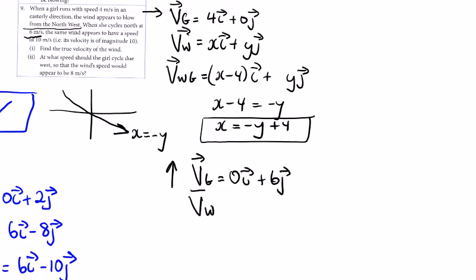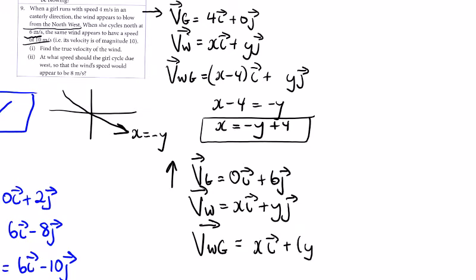The velocity of the wind, we're going to leave it at xi plus yj. The same wind appears to have a speed of 10. Okay, velocity and magnitude, right? So the velocity of the wind relative to the girl, x minus 0, x in the I direction, plus y minus 6 in the j direction.